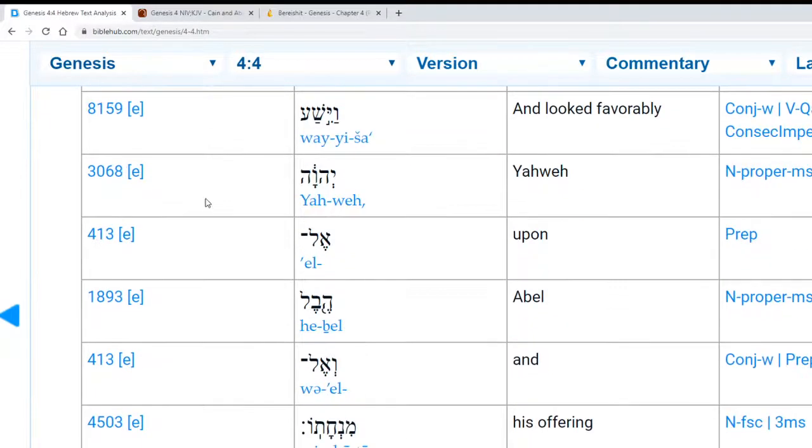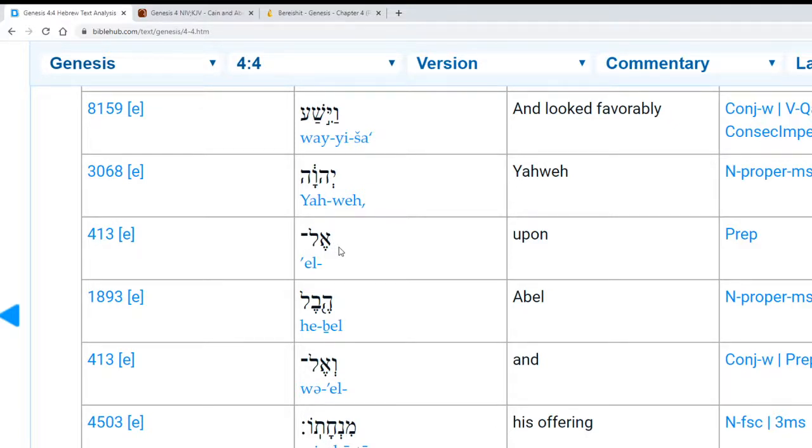So there you go. Havaya, right, the Tetragrammaton. El is the preposition with the aleph, right? And you'll see that they're transliterating it with an E, so they're going by the vocalization.